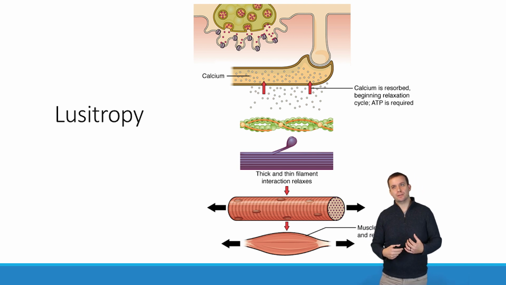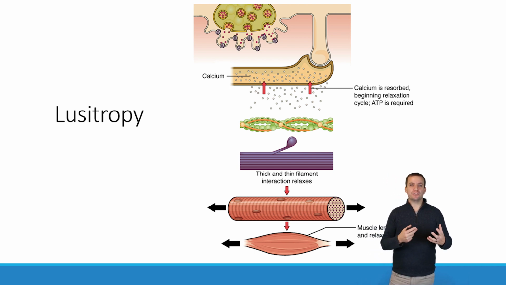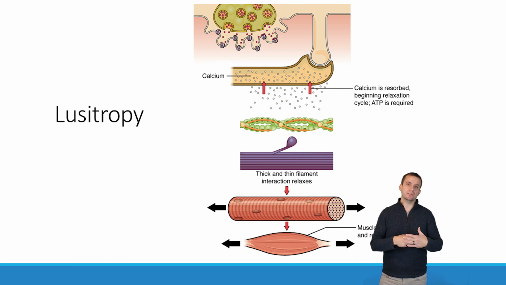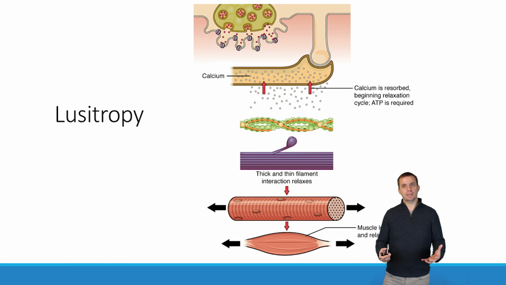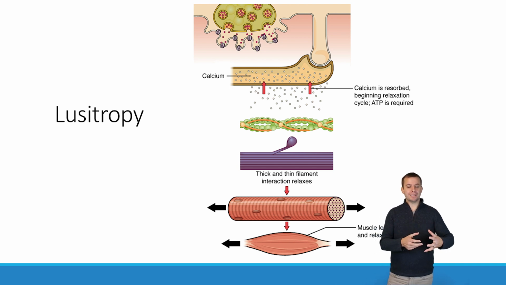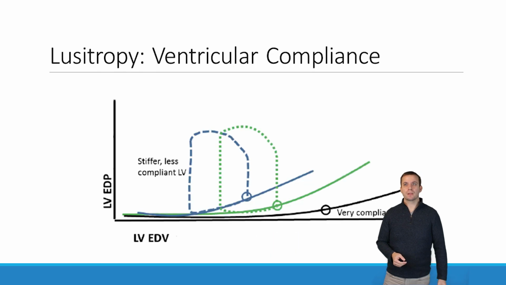It allows the influx of calcium, and then the influx of calcium drops your intracellular calcium, and you end up releasing your actin and your myosin, and you end up with cardiac relaxation. So if you don't have ATP or you have ischemia, your heart gets very stiff because you end up not being able to relax because you don't have the ATP in order to do it.